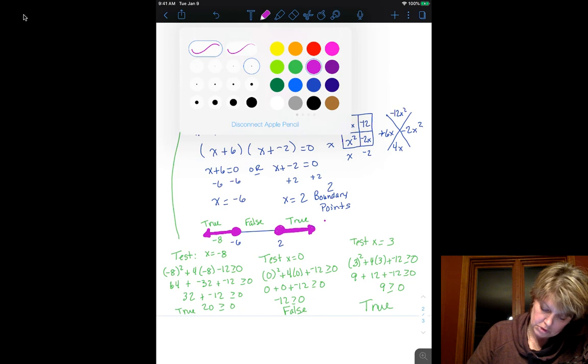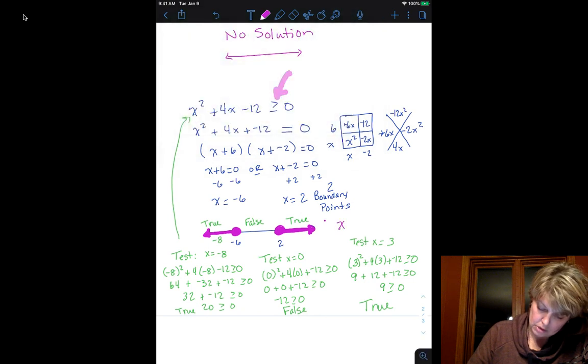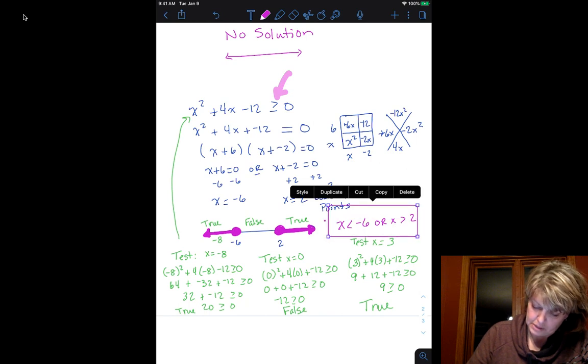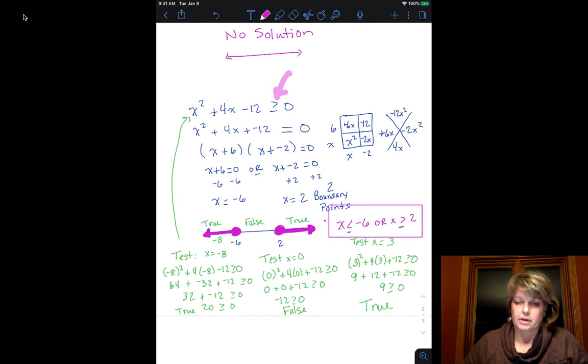So my solutions are all the x's that are less than negative 6 or the x's that are greater than 2. Now something I forgot is I need them equal to as well. So I have all the values of x's that are less than or equal to negative 6 or that are greater than or equal to 2.